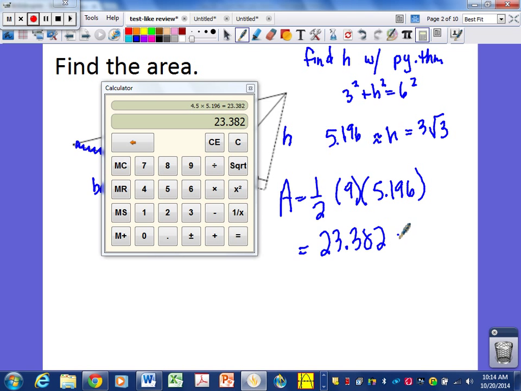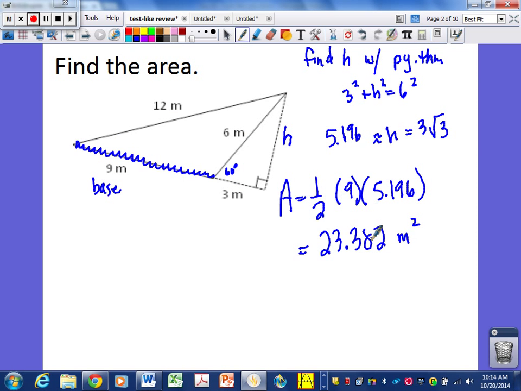That's 23.382 meters squared. In obtuse triangles, you might have to find the height by using the Pythagorean theorem before you can actually find the area. Remember, you have to multiply together two things that are perpendicular to find an area.